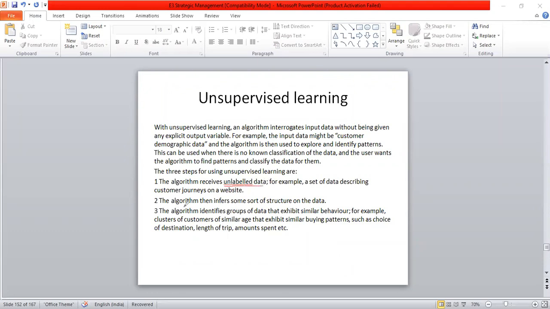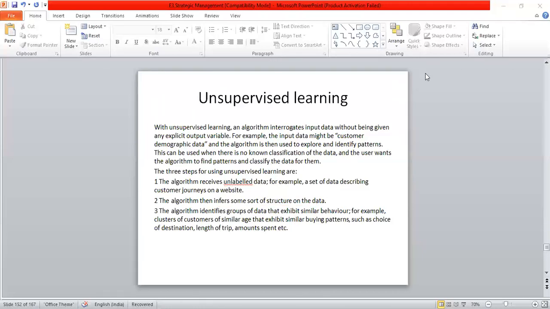Then the algorithm draws some conclusion, infers some sort of structure of the data, and then whatever is the command or the task which has to be executed, that is executed by the machines, by the computer. So that's unsupervised learning.